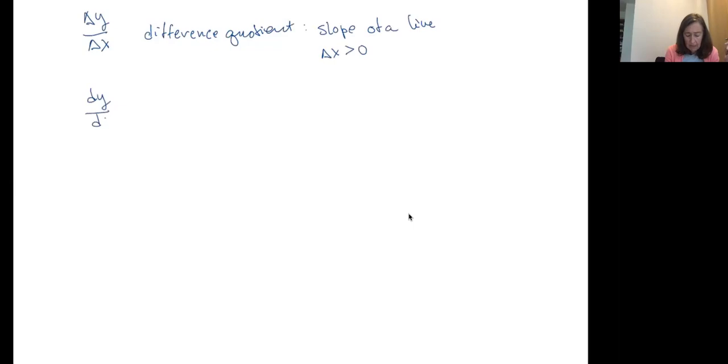When we take the limit of that, the triangles, the capital deltas, become lowercase Roman d's. So dy dx, that is the derivative. This is the limit of a difference quotient, and it is itself a function.